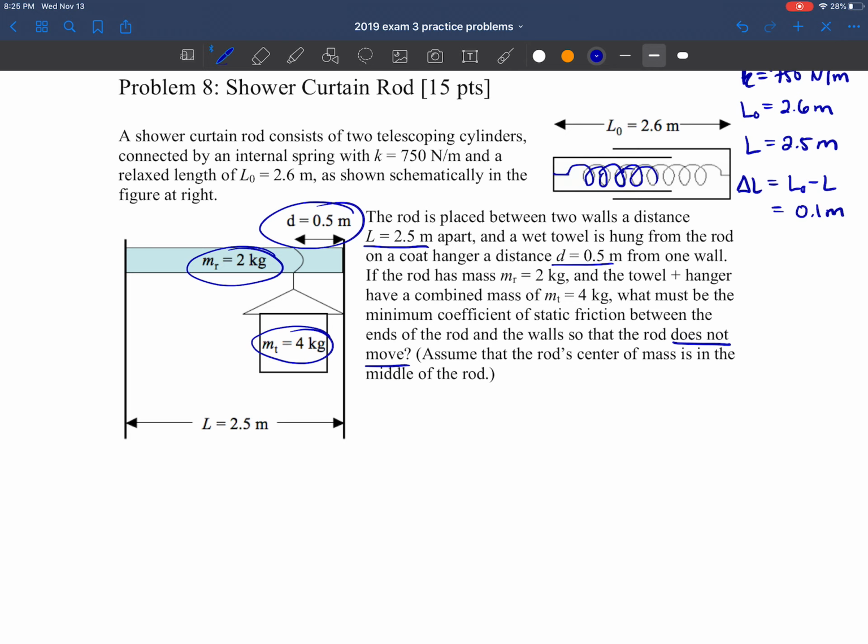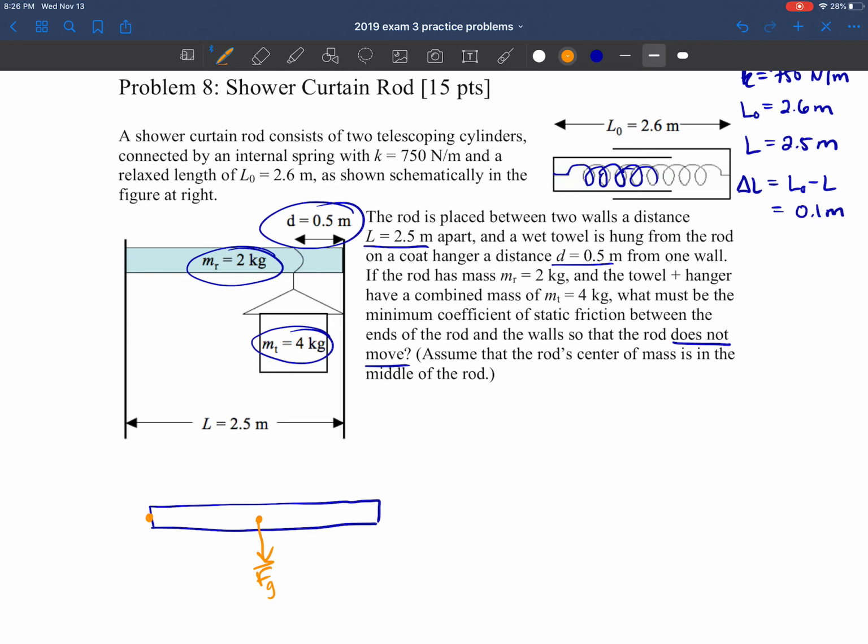All right, so let's just start with a free body diagram. Here's the rod. So what forces do we have? Well, we have the weight of the rod. The rod is touching the walls.